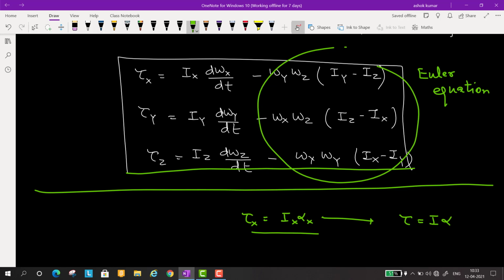So solving this, we can study the rotational motion of a body in three-dimensional space. So this is all for today.